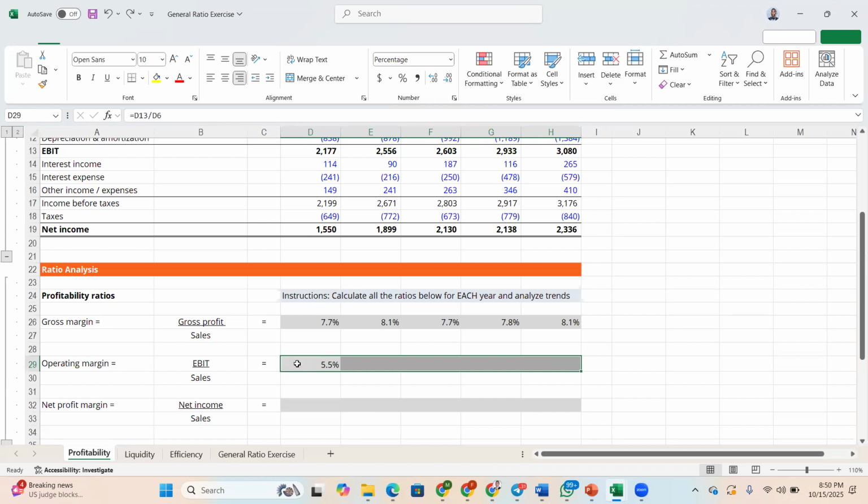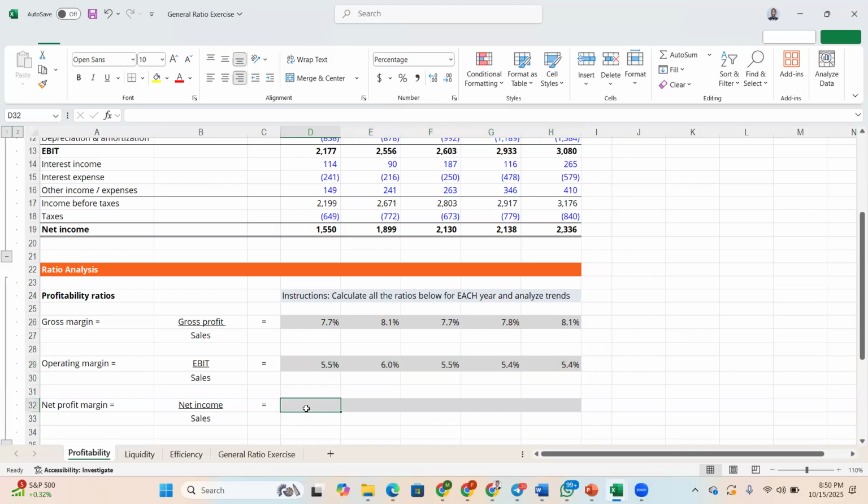So highlight the formula you want to copy and highlight everything that you want the formula to be pasted to, then press Ctrl R. Ctrl R means replicate. So instead of pressing Ctrl C and Ctrl V, you can just press Ctrl R. It automatically copies the formula. So that is how you calculate your operating profit margin.